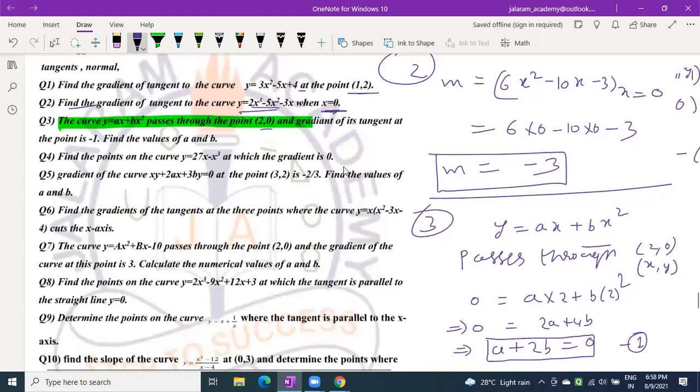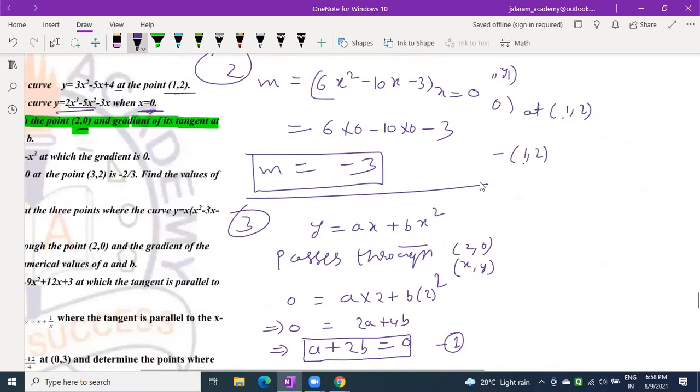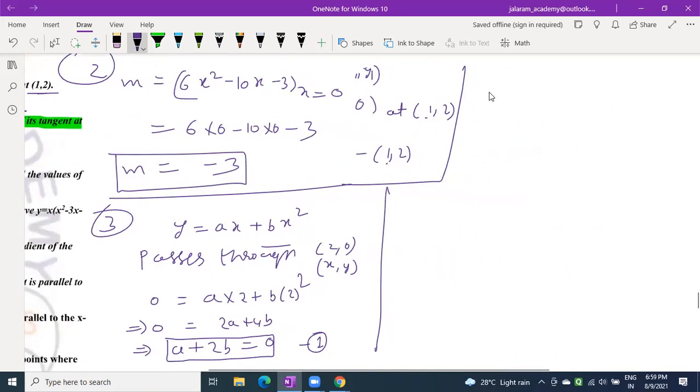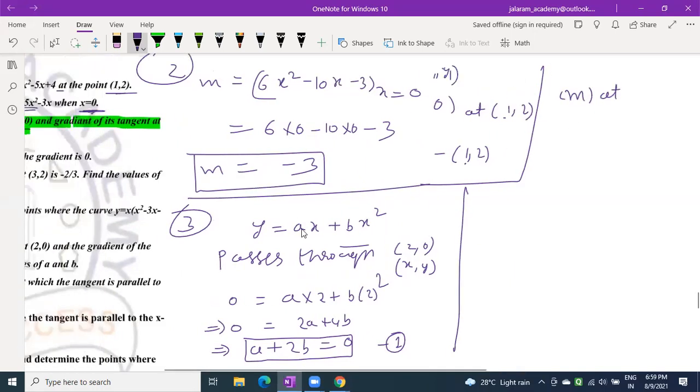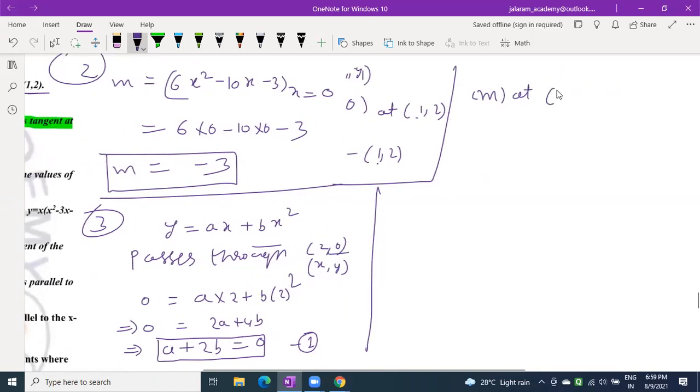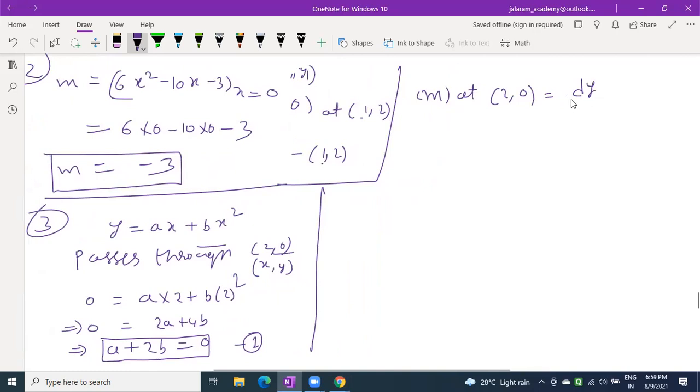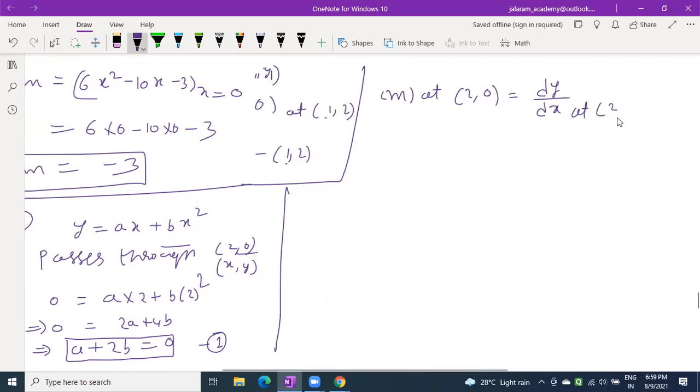Now how to find the second equation for this? We will write further: gradient of its tangent at the point is minus 1. So what will be the formula for the gradient? We all know that gradient means slope. So gradient means slope at the point. Which point? At 2, 0, it is given by dy by dx at 2, 0.